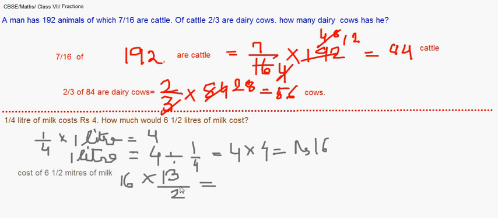If I cancel this, I'm getting 8, 13 into 8 is 104. So the cost of 6 whole 1/2 liters would be rupees 104. Let's move on to one more word problem.